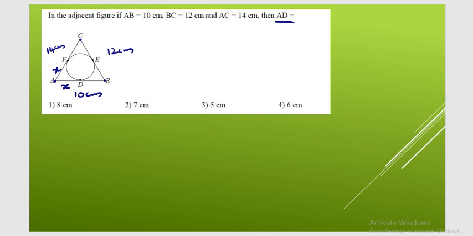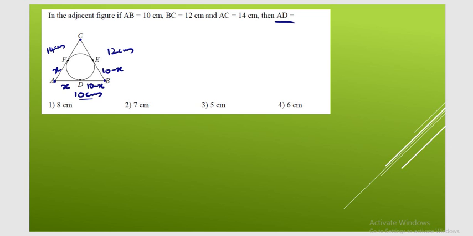Already given AB is 10 centimeters, so since this total length is 10 centimeters, BD will be 10 minus x. If this is 10 minus x, then BE is also 10 minus x, by using the concept that lengths of tangents from an external point are equal.